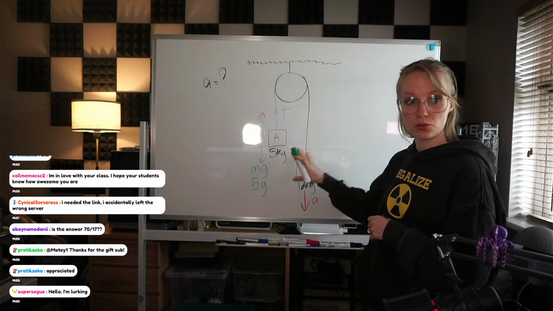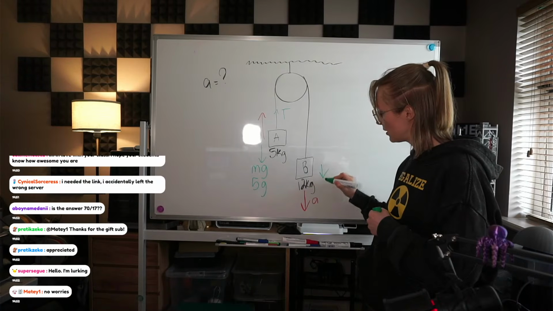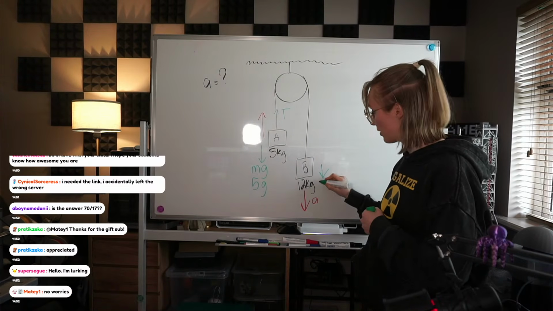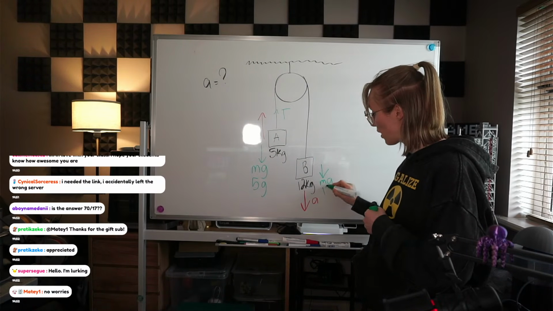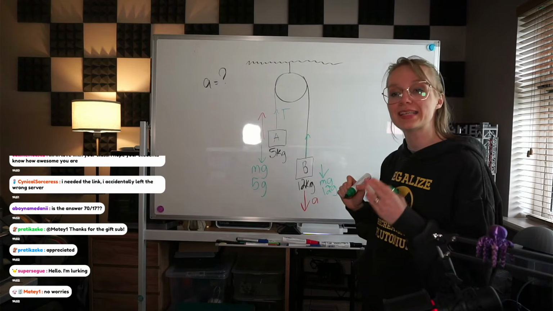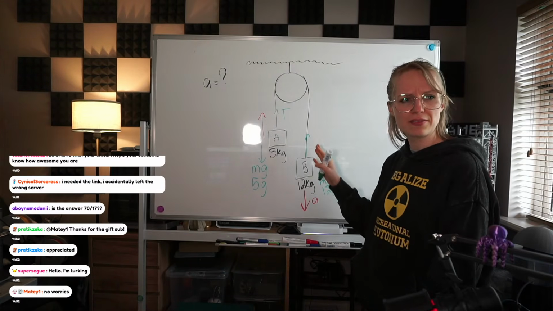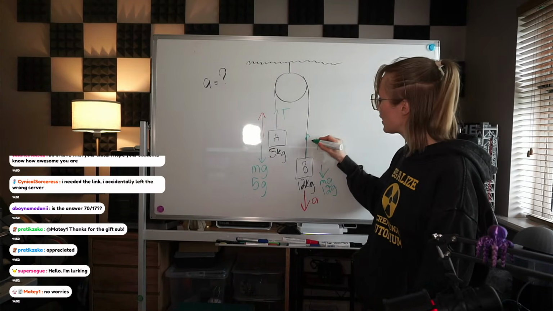Now, if we look at this block here, it also has a mass, mg. Its weight, its force, is going down, mg. In this case, it's 12 times g, force down. And in this direction, it still has the same tension. And you might be saying, well, Tofu, that's not right. How could it have the same tension? Well, think about it.